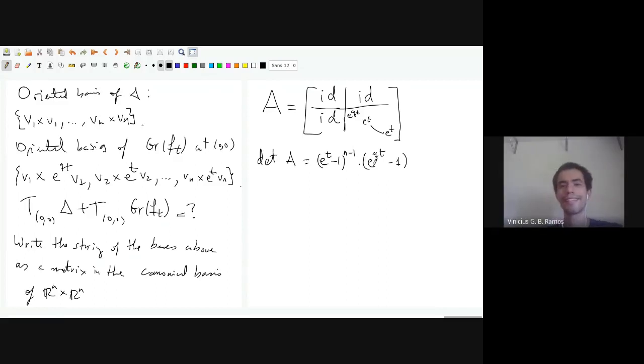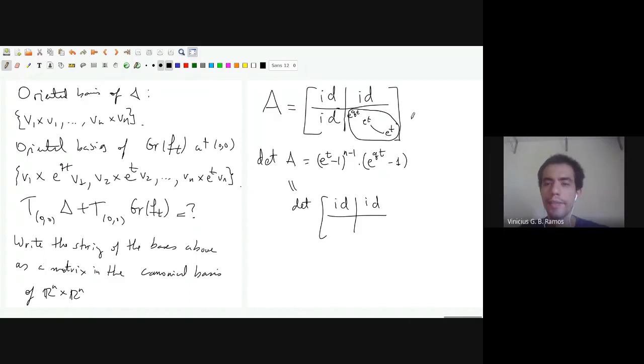Do you see that? Maybe there's an intermediate step: you can find a determinant 1 matrix which you can multiply this A by, and you get identity, and then you get this matrix that you had. Let's call this matrix B minus identity.